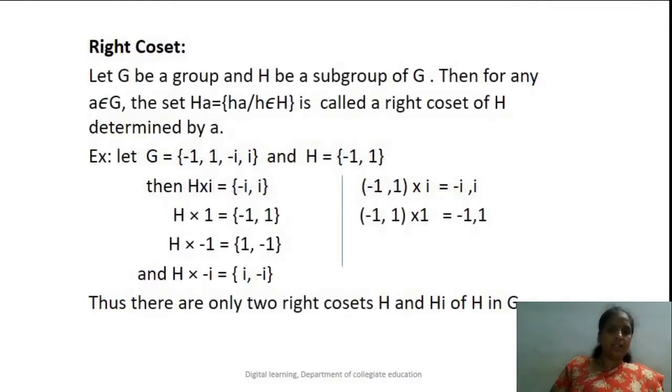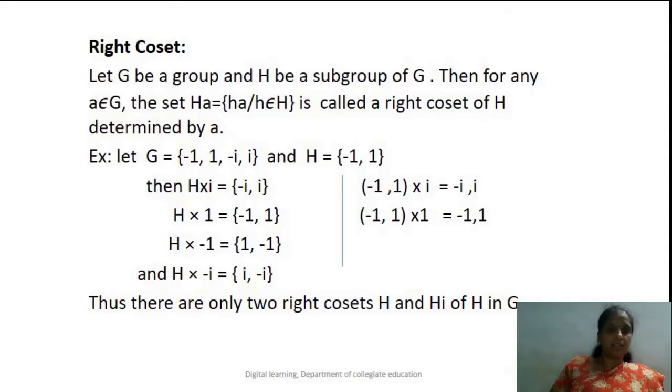To clearly explain the cosets, let us take the two types of cosets, that is the right coset and the left coset. Firstly, the right coset. Let G be a group and H be a subgroup of G. Then for any a belongs to G, the set Ha, which is equal to {ha such that h belongs to H}, is a right coset of H determined by a.